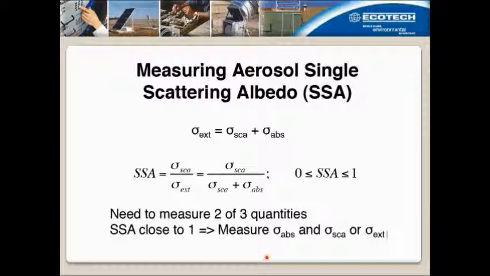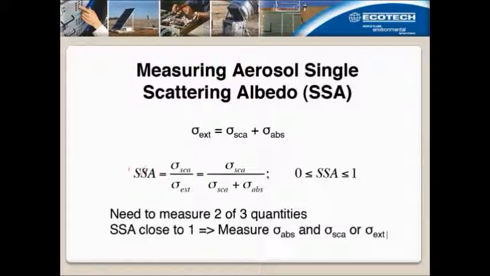The other parameter you can measure with the nephelometer, which is an important parameter for the global warming effects, is the single scattering albedo of the aerosol. As I showed you earlier, the extinction is the scattering coefficient plus the absorption coefficient.